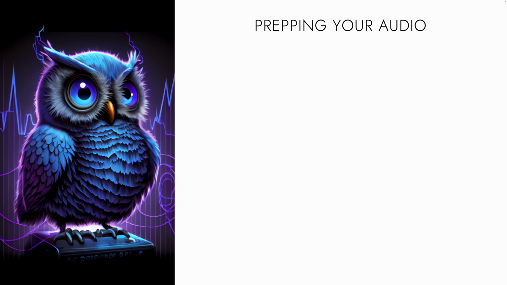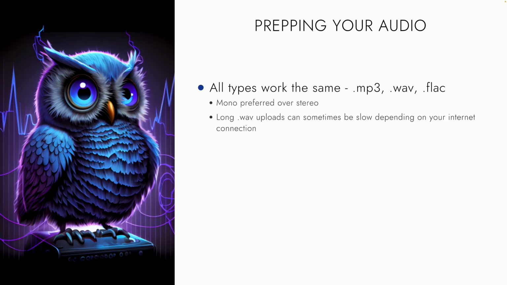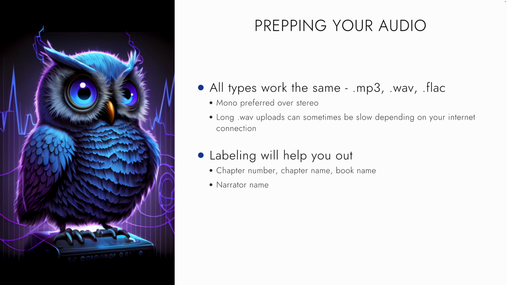When it comes to prepping your audio, you should know that all types of audio work the same: MP3, WAV, and FLAC. Mono is definitely preferred over stereo, and sometimes long WAV file uploads can be slow if you have a slow internet connection. If you label things as clearly as possible before going into Pozotron, that will help you out.